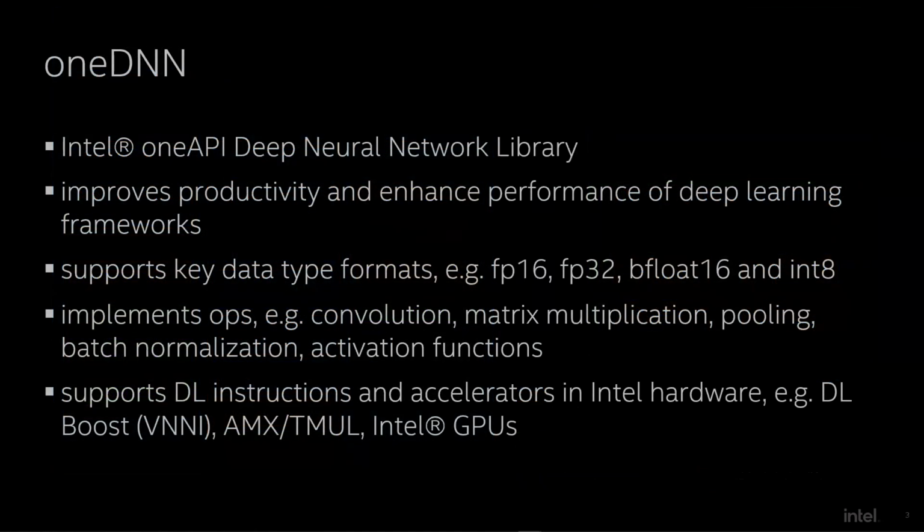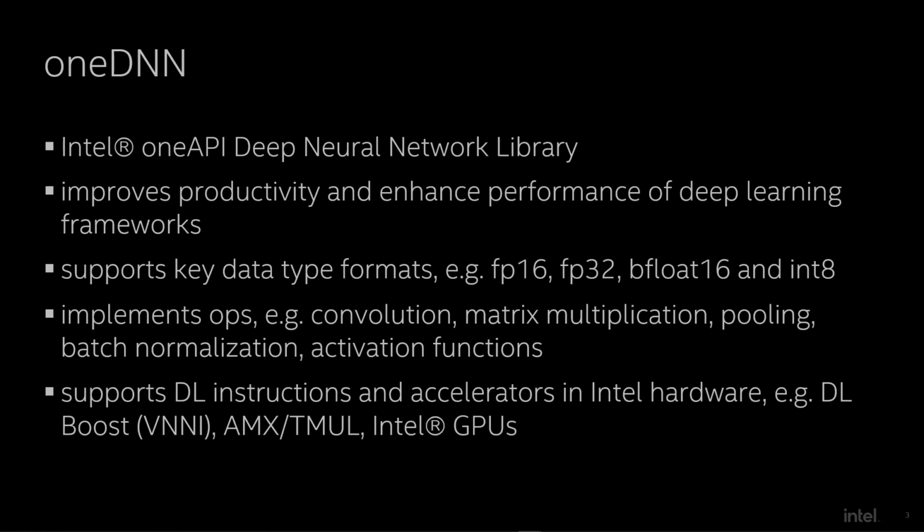So I'll drill down into more details about OneDNN because that's very relevant to ONNX and ONNX Runtime. The OneDNN library is a collection of optimized primitives, or ops, used in executing deep learning graphs. And we think that this library can improve developers' productivity and enhance the performance of deep learning frameworks.